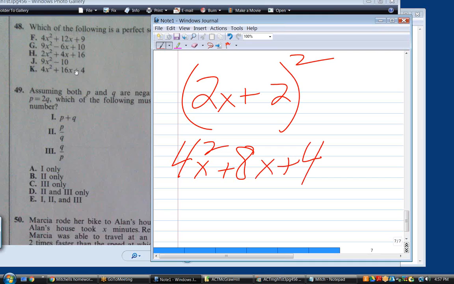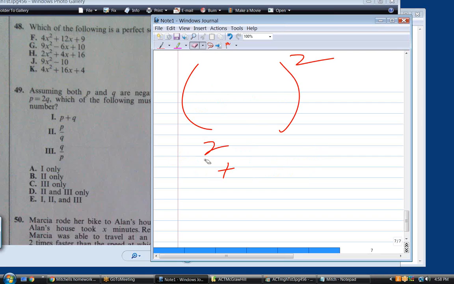Okay. And it has to be either f or g. It cannot be h. Notice there's no way to split 2x squared up into the same term. You would have to have 2x times x. That's not a perfect square trinomial. So it's either f or g. If it were f, what would it be?